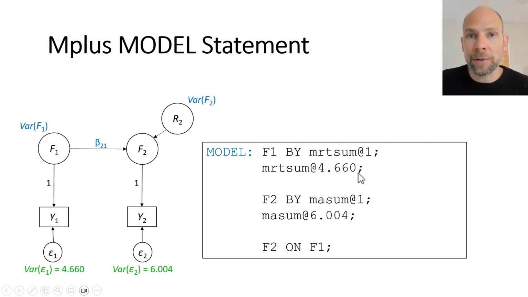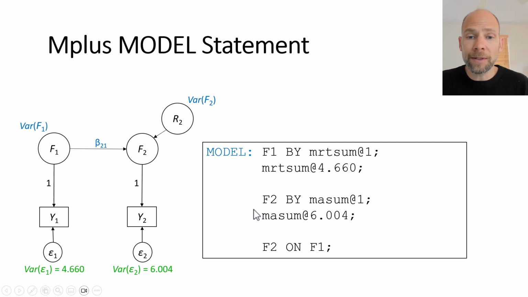That's the value that we just calculated with the formula from classical test theory. And so in Mplus, when you specify the name of an indicator variable again, then that automatically refers to that variable's error variance, since the variable is an endogenous or dependent variable. It depends on the factor here.